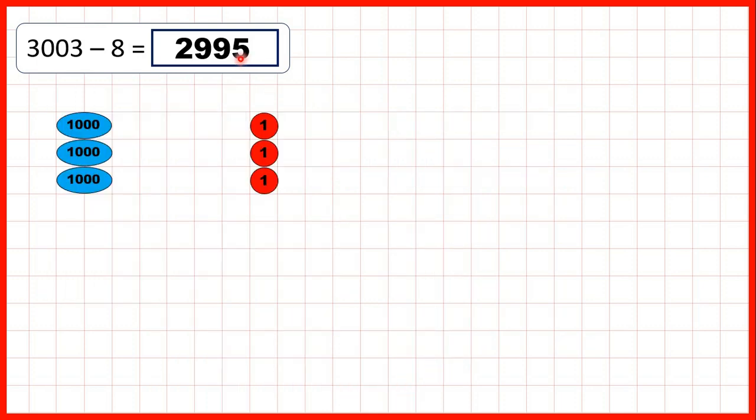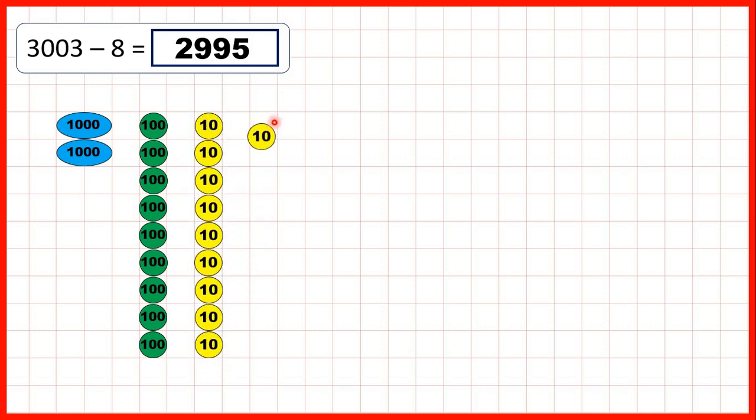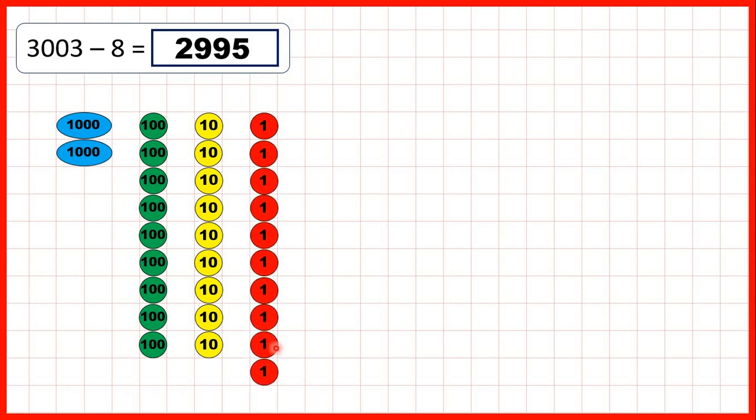Or with place value counters, to subtract 8 ones, we can subtract 3, exchange, take one of our hundreds, exchange again, take one of our tens, exchange again, so then we can subtract the remaining 5 to give us 2,995.